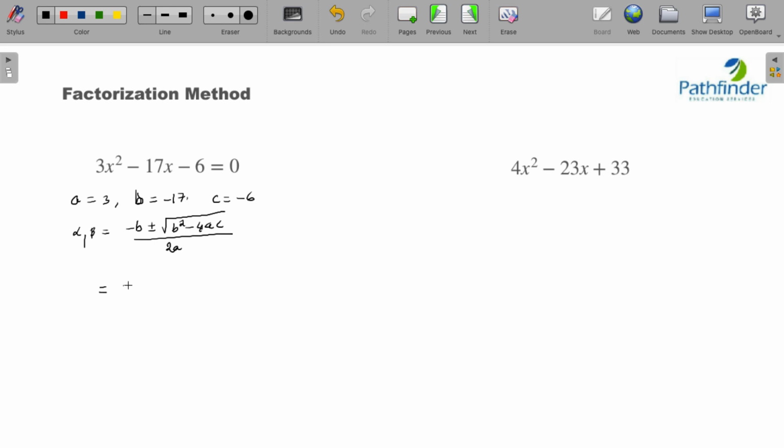So minus b is minus of minus 17. Please be very careful about the signs. If you don't get the signs correct, for example here you have minus 17, if you write plus 17 here, you will get everything wrong.